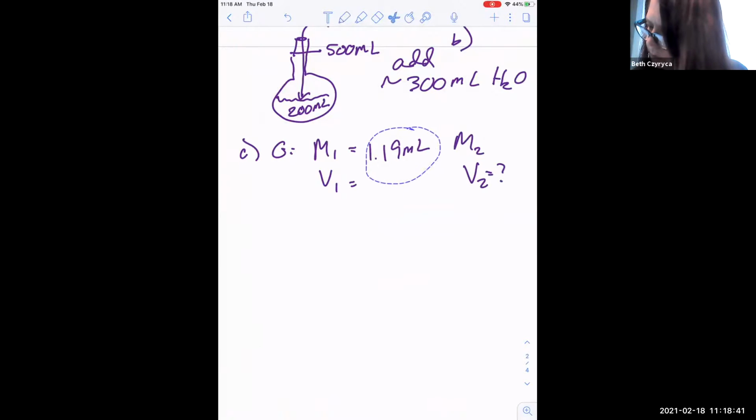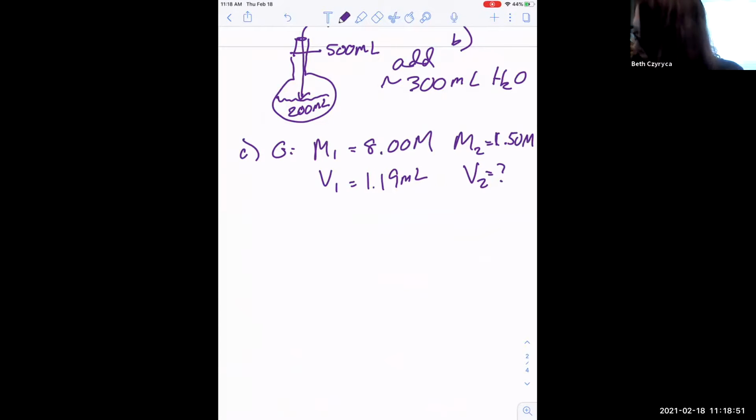Milliliters. And then 1.50. All right, that makes sense.